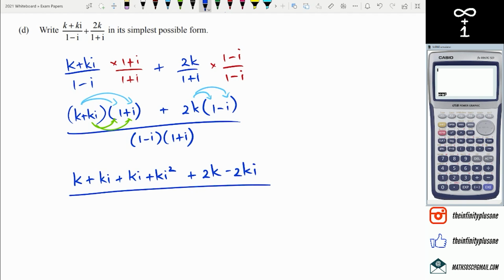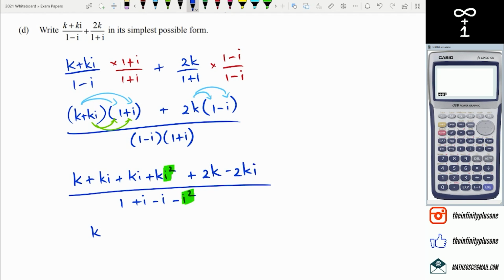Again, we've got to do this denominator, we've got to expand it out. So we've got 1 times 1 is 1, 1 times I is I, negative I times 1 is negative I, and then negative I times positive I is negative I squared. Okay, so let's get rid of all the I squareds. So we've got an I squared there, and we've got an I squared there. And at the same time, we're going to try and simplify as much as we can.